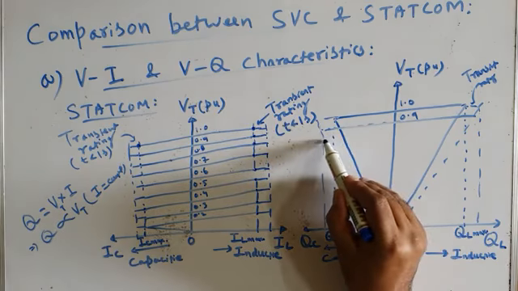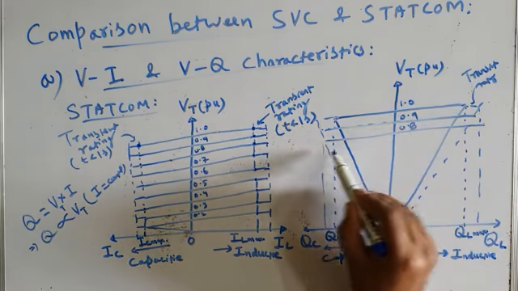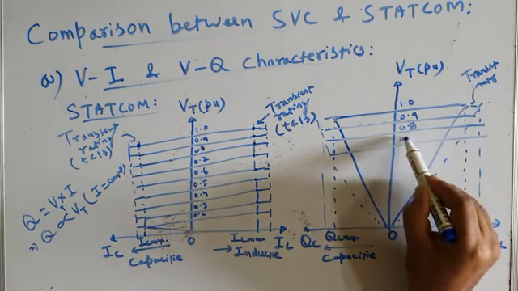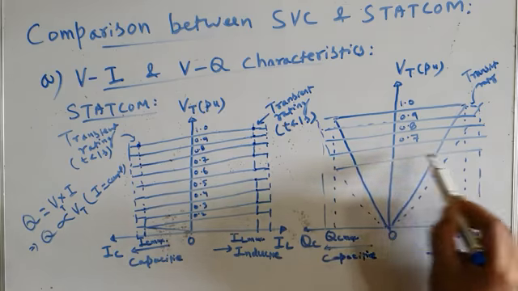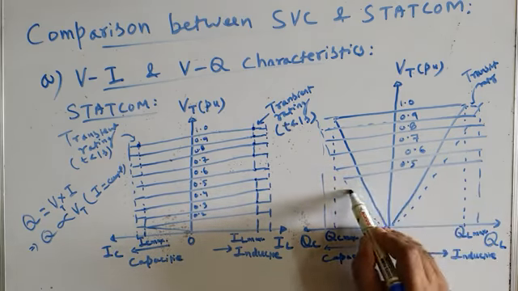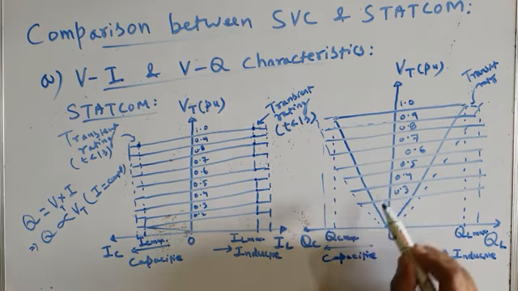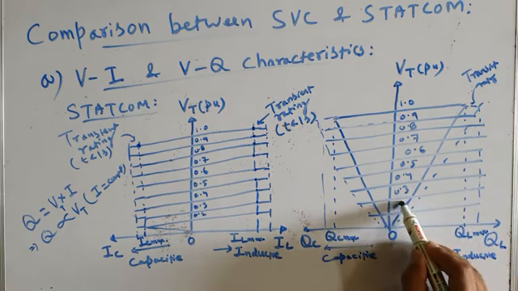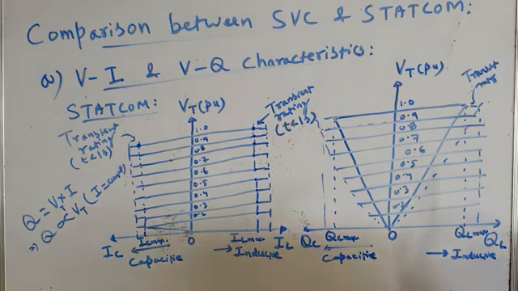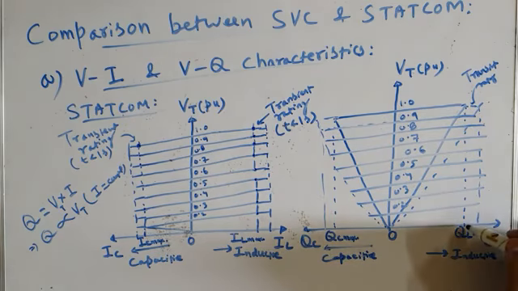Okay, this is 0.8, 0.7, 0.6, 0.5, 0.4, 0.3, 0.2 per unit.